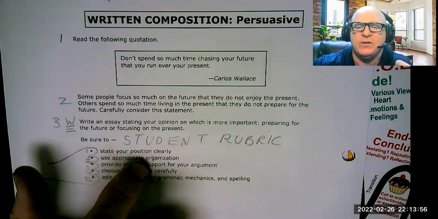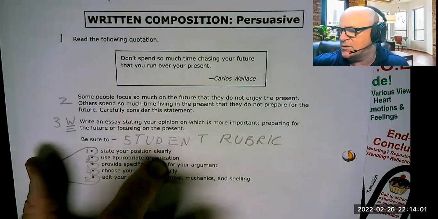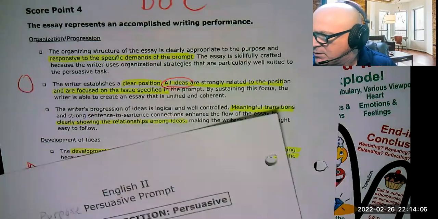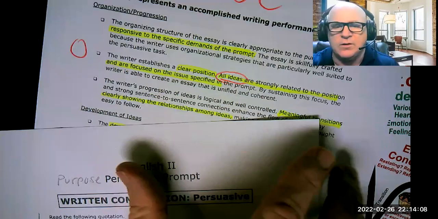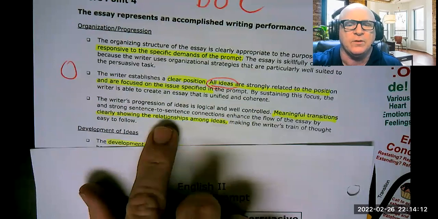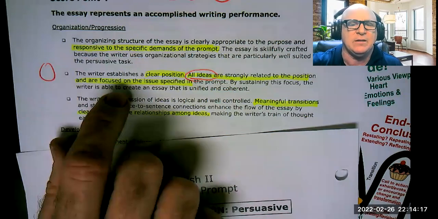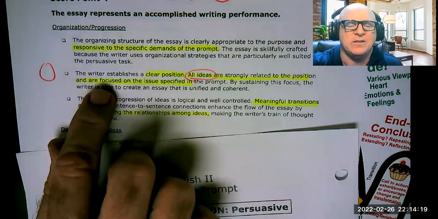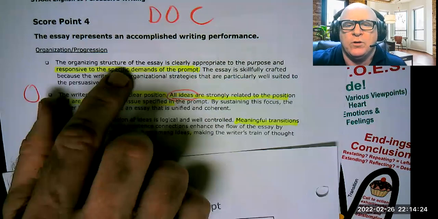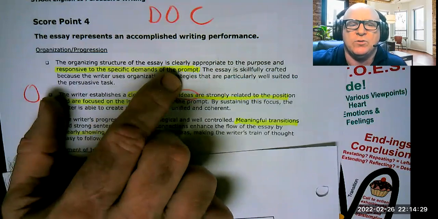And if you can give me a reason, maybe give me an example of that, because it says there's a relationship between your ideas. Your essay is unified. And because the specific demand said, give me your opinion, they want to know your student's reason why they chose it.